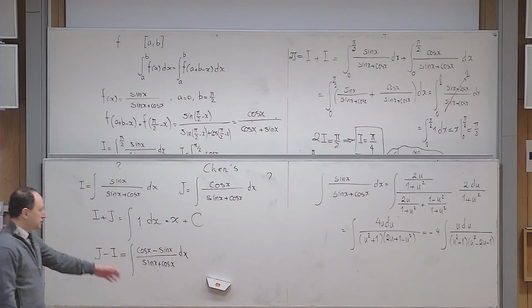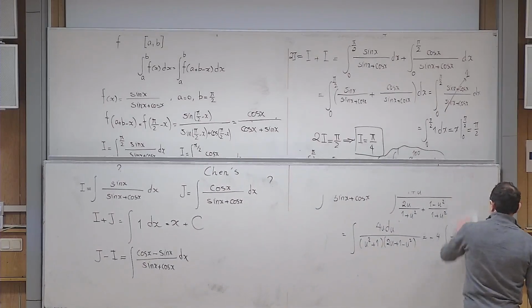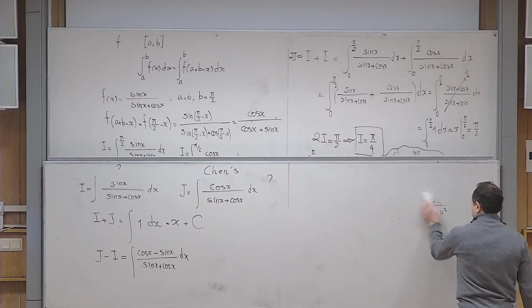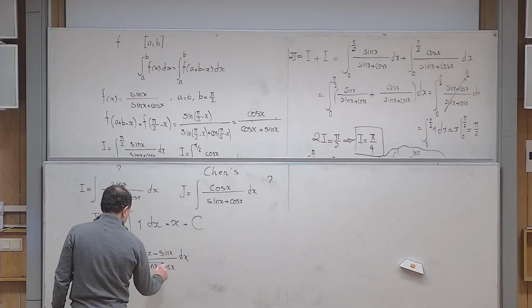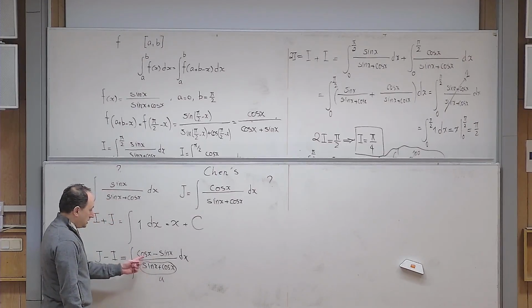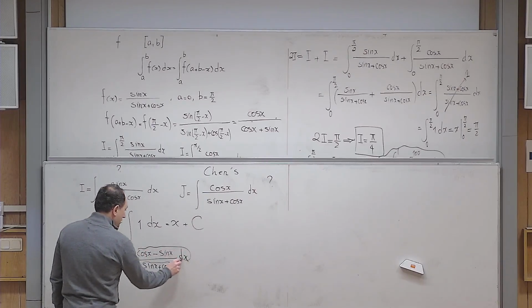Can you see what is going on now? Because this new integral can also be calculated very easily, by the substitution method. If I take the denominator u, I hope that you agree, the derivative of sine is cosine, the derivative of cosine is minus sine, so this is just du.